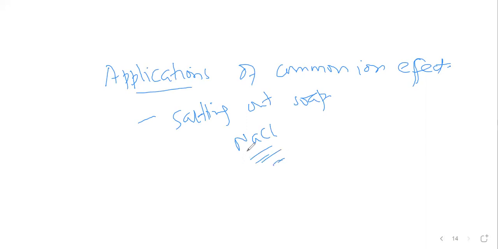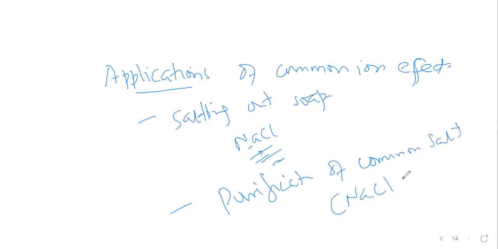The common ion there is usually the sodium ion. It plays a role in salting out soap. Common ion effect is also applicable in purification of common salt, sodium chloride. Look at that in detail, make research and read about it.